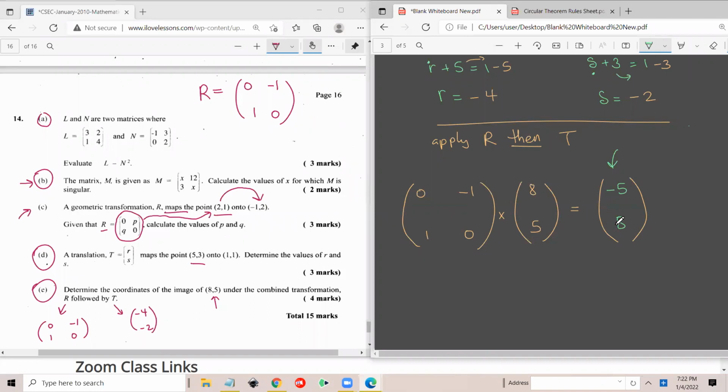I change the orientation of the coordinates. Yeah, yeah, Abdullah, but when it's time to multiply the coordinates or apply it, you have to write it vertical. The 8 has to go on top and the 5 has to go underneath.